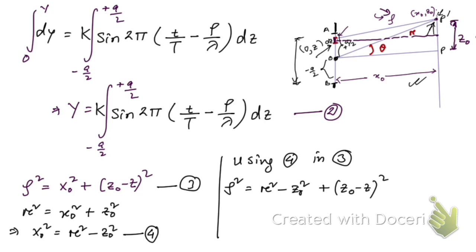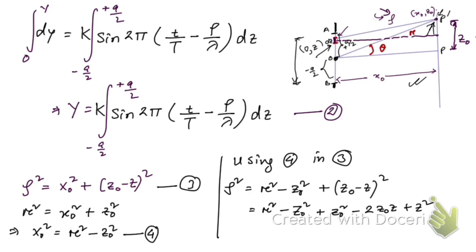And from here, let's expand this. If we expand this, what we're going to get is r square minus z naught square. Let me write it properly. Then, if you expand this using the a minus b whole square formula, you're going to get z naught square minus 2 z naught into z plus z square.